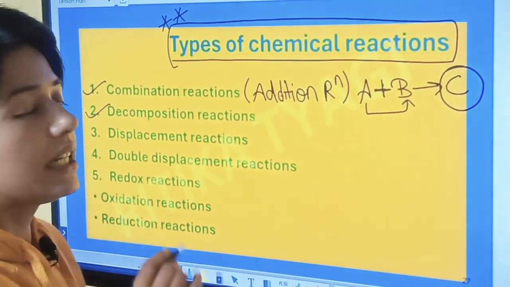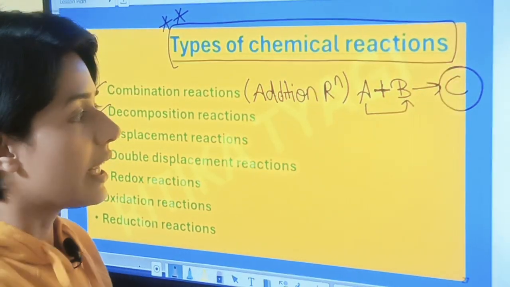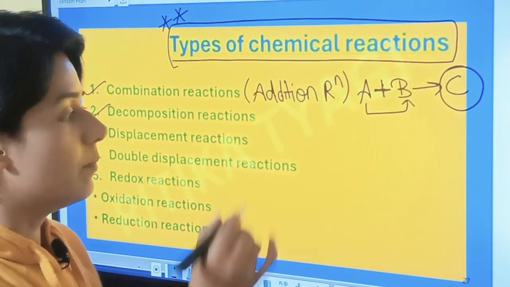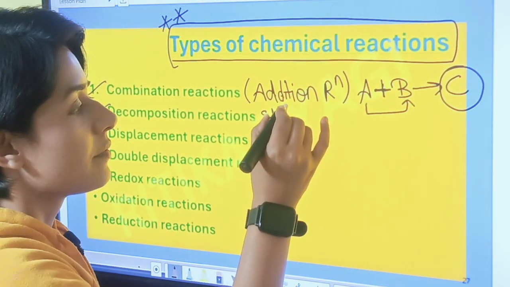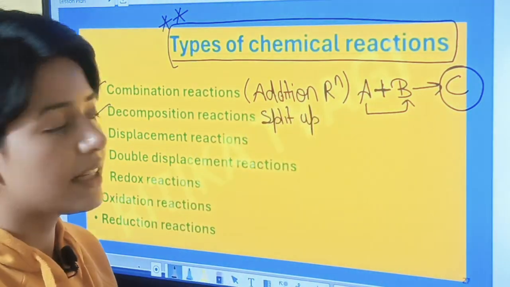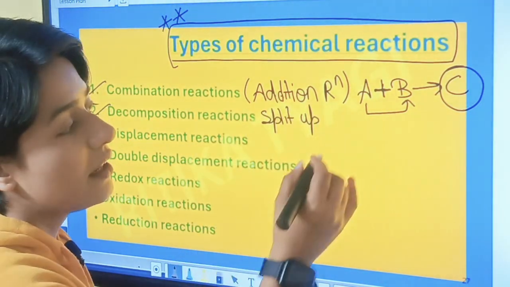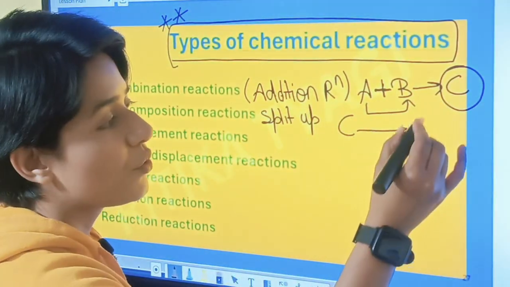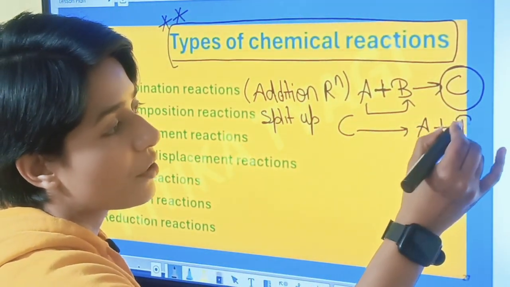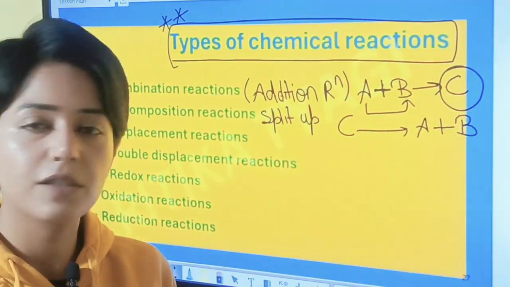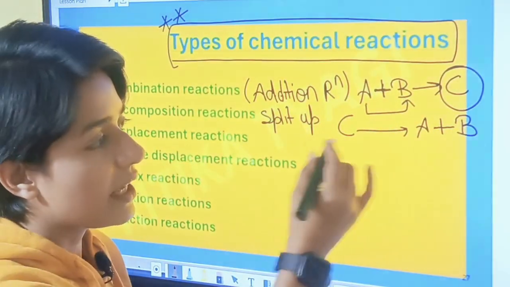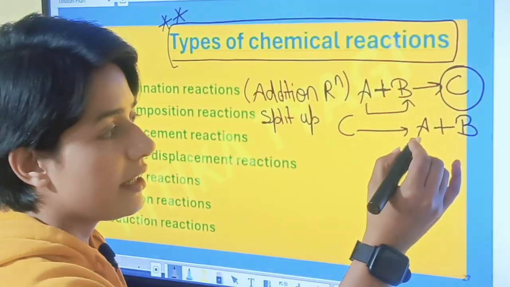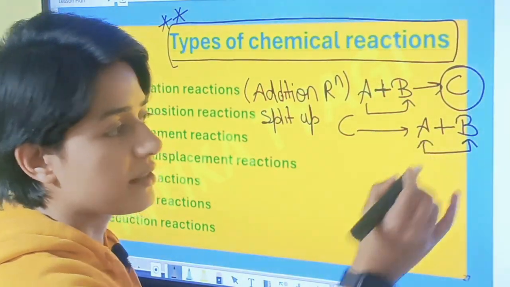The next reaction, decomposition reaction. Decomposition means breaking, split up. As the name suggests, breaking or split up means tootna. C breaks up to form 2 or more simpler products, that is A plus B. So here C is a single reactant and it forms 2 products.